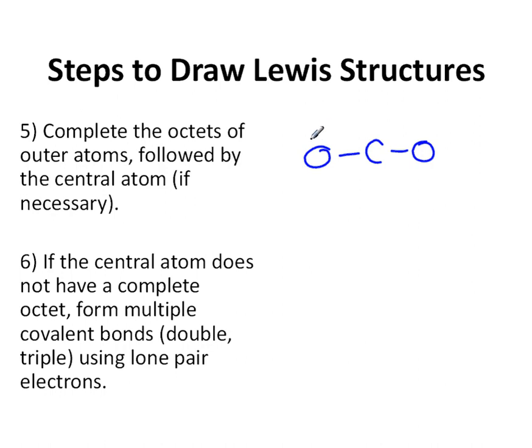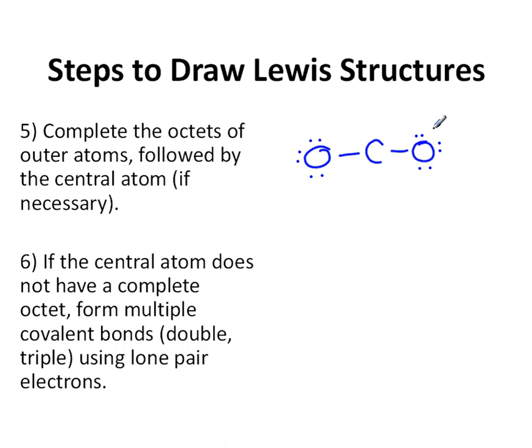So 2, 4, 6. Remember, a single bond means 2, so 8. There's 8 around this oxygen. 2, 4, 6, 8 here, so this has 8. But by putting in these dots, I put in 2, 4, 6, 8, 10, 12. I've used up all of my remaining electrons.